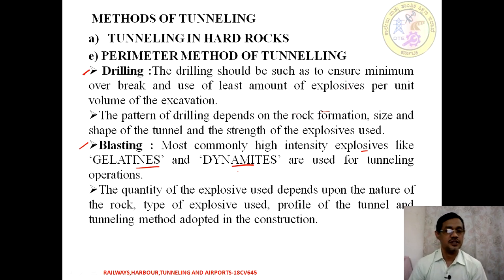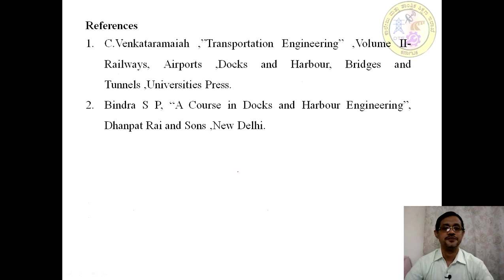The quantity of explosive depends upon the nature of the rock. If it is hard rock, it requires more. For moderate to medium rock, it requires a lesser amount or lower intensity of explosive to get the exact profile of the tunnel required.